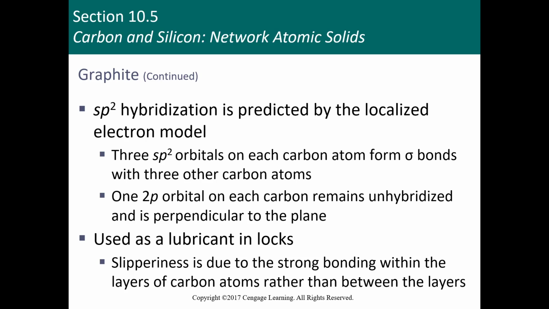Slipperiness is due to the strong bonding within the layers of carbon atoms rather than between the layers. And so that's actually what you're taking advantage of when you're using your pencil lead. You're essentially rubbing it across the paper and you're causing layers to strip off of the graphite.